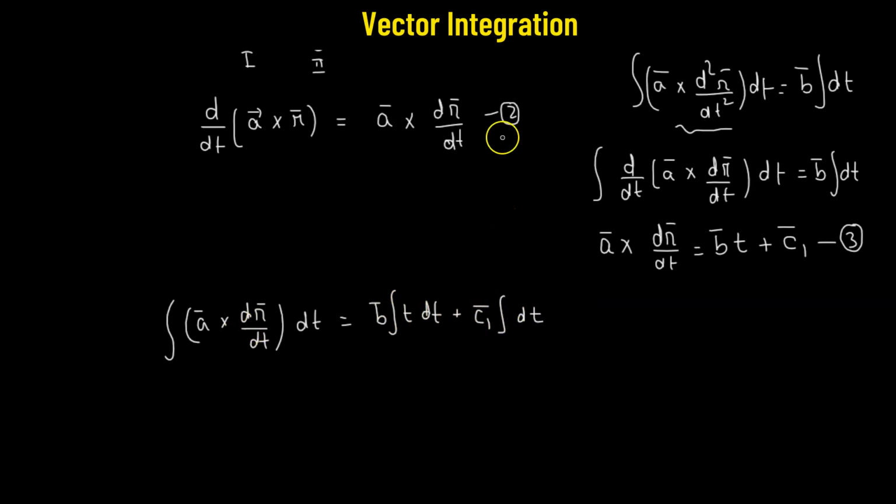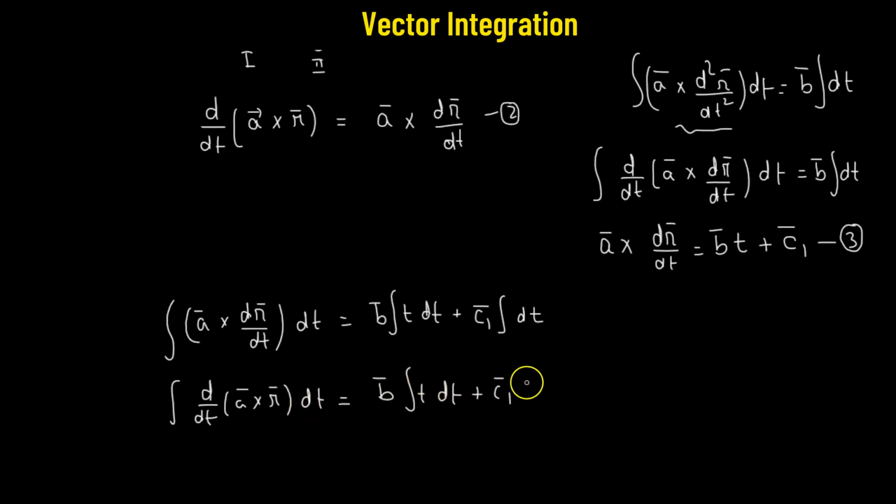We will use equation number 2 and replace vector a crossed with the first derivative of r with respect to t with the derivative with respect to t of a dotted with r vector, dt.